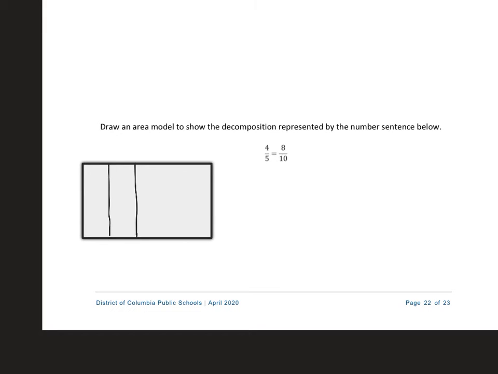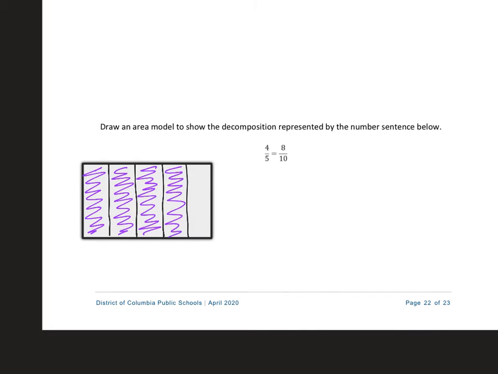1, 2, 3, 4, 5. And I'm going to shade it. Okay, and this shows 4/5 right here. So your area model should look like mine. Now I need to make this show 8/10. So I need to use horizontal lines to make 10 total pieces. Right now I have 5.